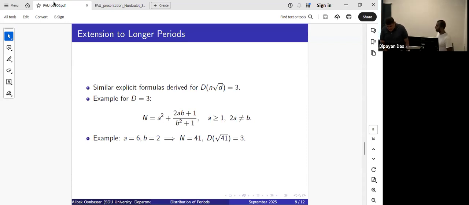So this is our draft paper. When we say period 2, this means B to A, and that's continuous.